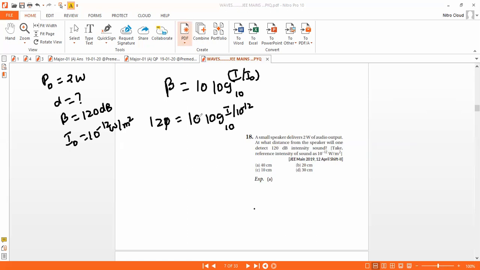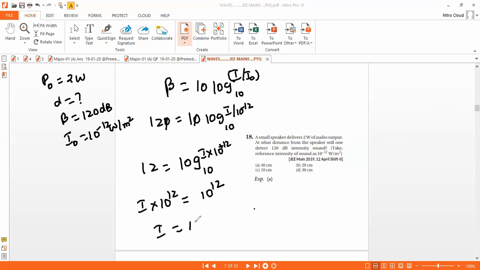So 12 is equal to log I into 10 power plus 12 to the base 10. So I into 10 power 12 is equal to 10 power 12. So I is equal to 1 watt per meter square.